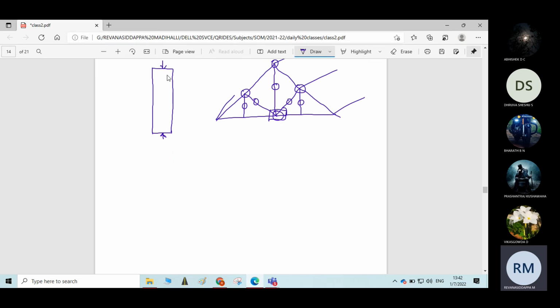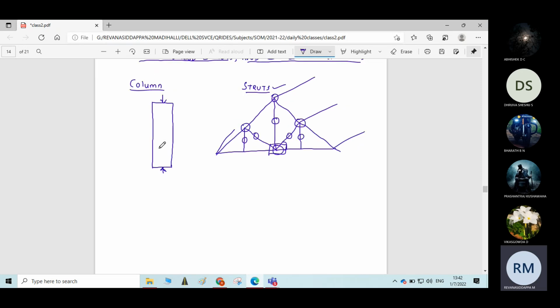Whatever the force applied on the column, if it is applied along the centroidal axis of the column, what about the deformation of the column?